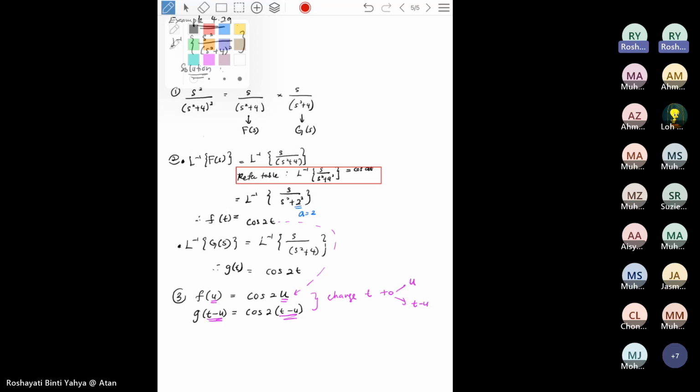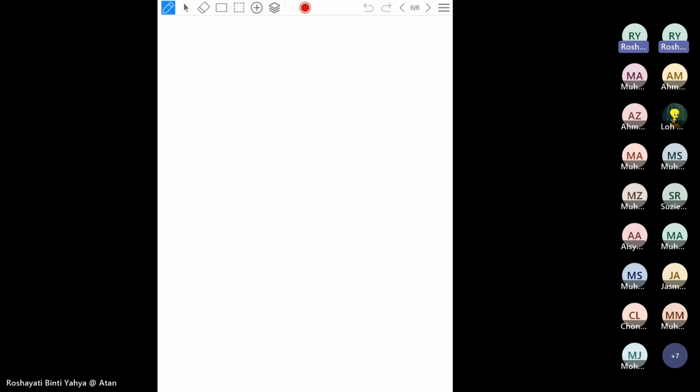Then inverse Laplace transform of FS GS. Okay. Integration FU GT minus U. Okay.